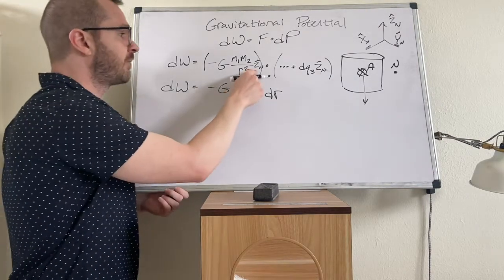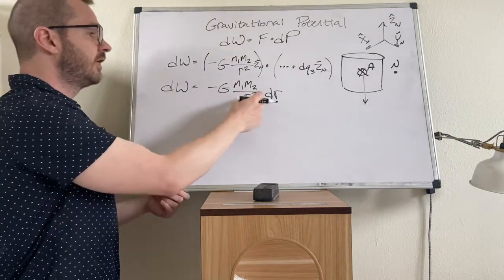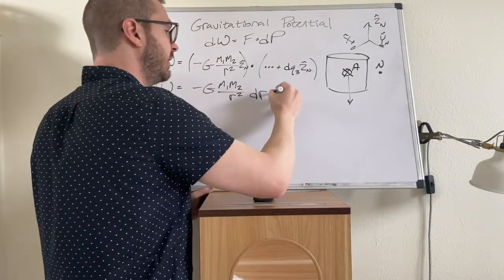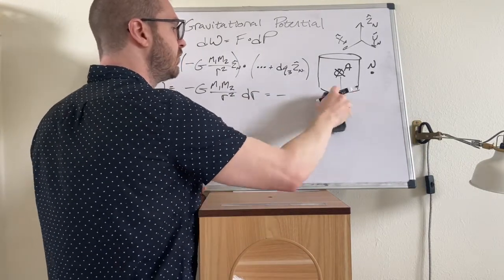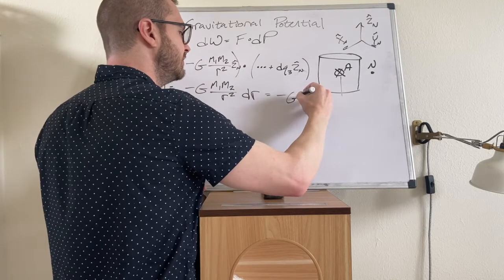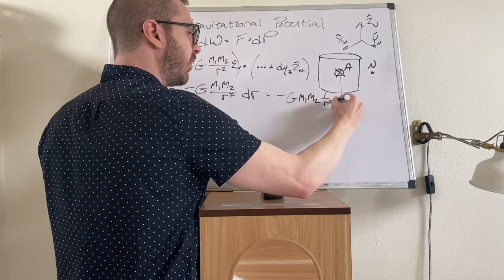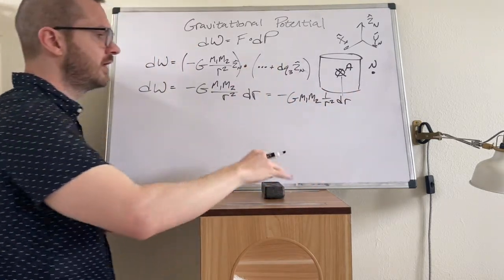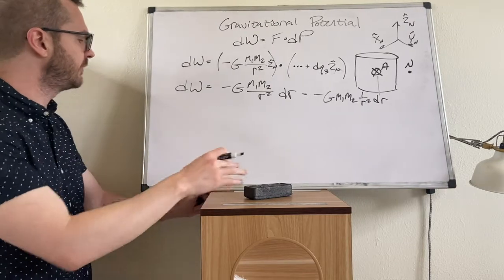And since we did a dot product, we lose the vector notation. If you're uncomfortable or not quite as practiced with the integrals, you could write this as minus G m1 m2 over r squared dr. You could write it as r to the negative 2, etc. At the end of this, we're going to get the same answer.